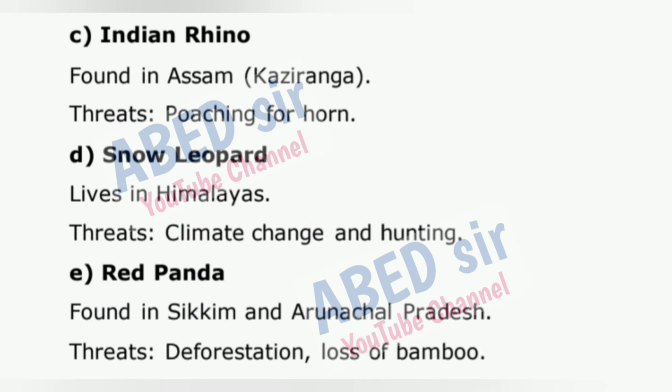C. Indian rhino. Found in Assam, Kaziranga. Threats: poaching for horn. D. Snow leopard. Lives in Himalayas. Threats: climate change and hunting. E. Red panda. Found in Sikkim and Arunachal Pradesh. Threats: deforestation, loss of bamboo.